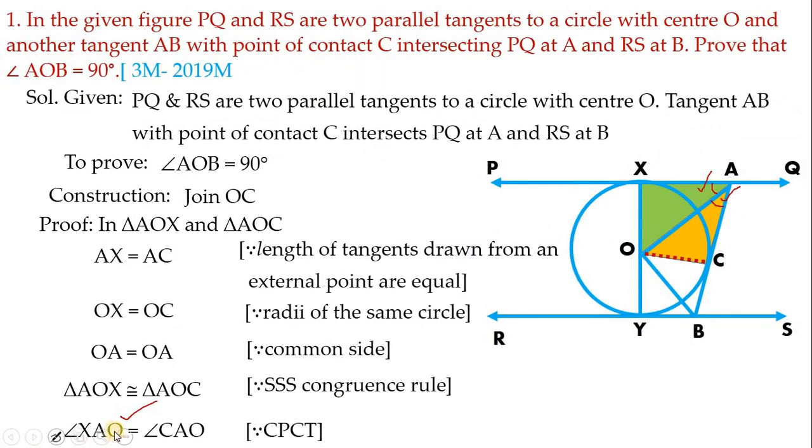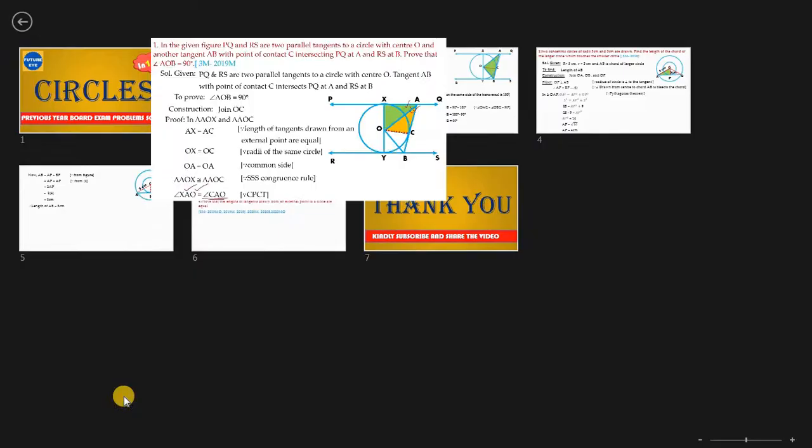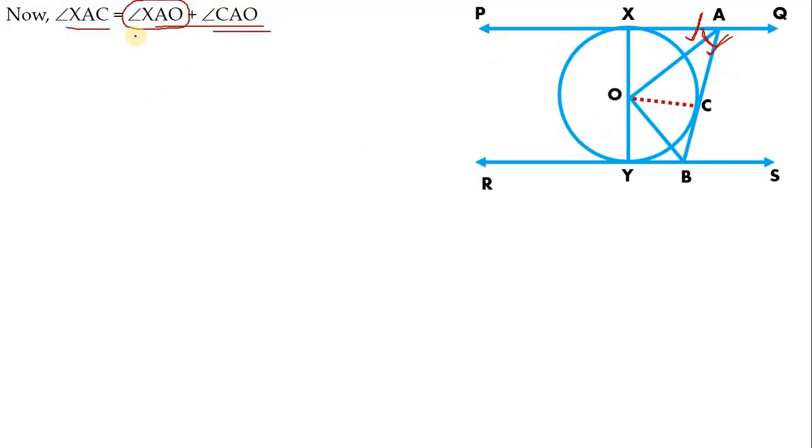Just look at here. Just now we have proved here XAO equals CAO, isn't it? Hence, in the place of XAO, I can substitute CAO. Yeah, in this place, let me substitute CAO. I substituted. Now let me add these two, children.